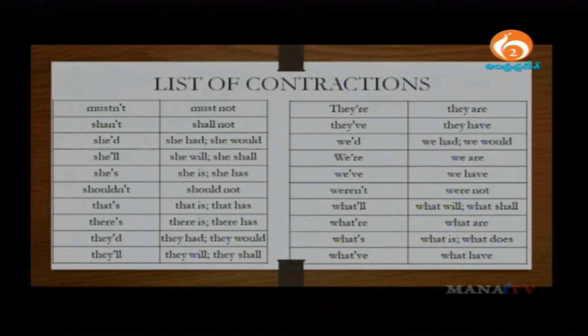And we have they're coming, they are coming, it simply means they are coming. And we have they'll be here, they will, they shall, that's what I have mentioned here. They'll be coming means they will come.